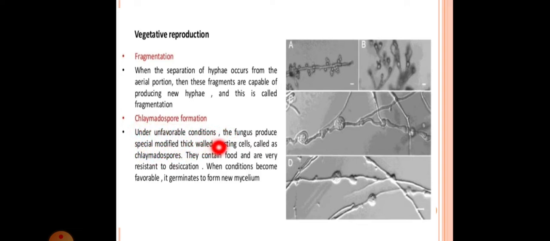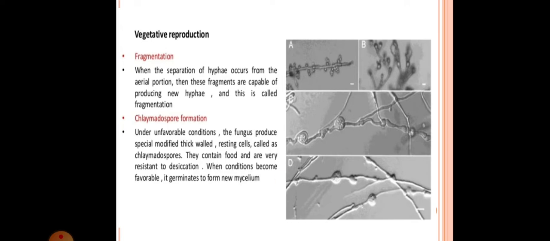Under a favorable condition, the fungus produces special modified thick-walled resting cells called chlamydospores. They contain food and are very resistant to desiccation. When conditions become favorable, they germinate to form a new mycelium.